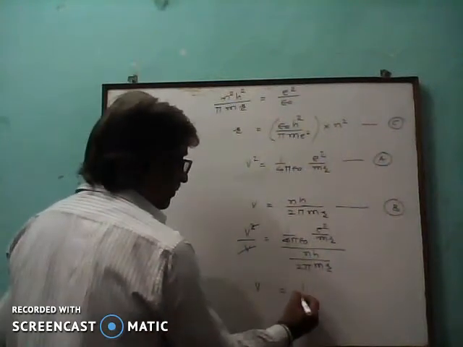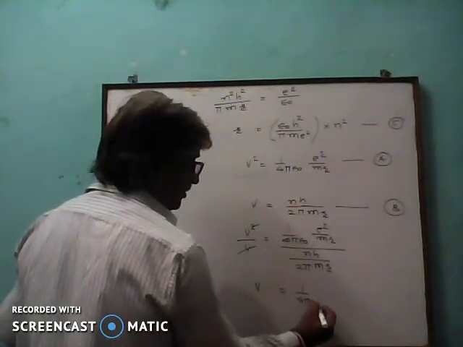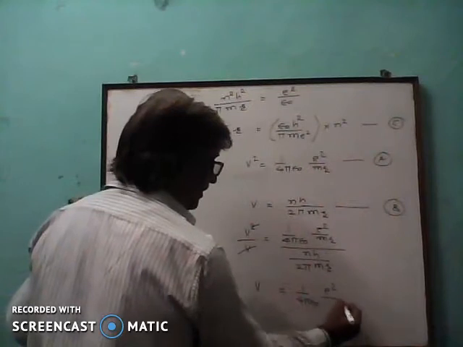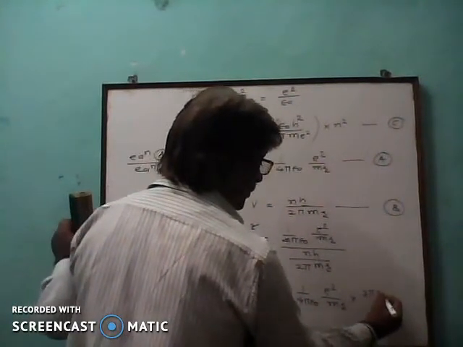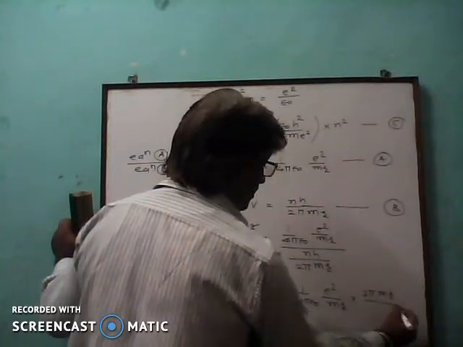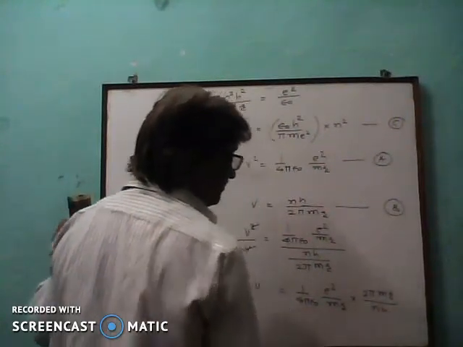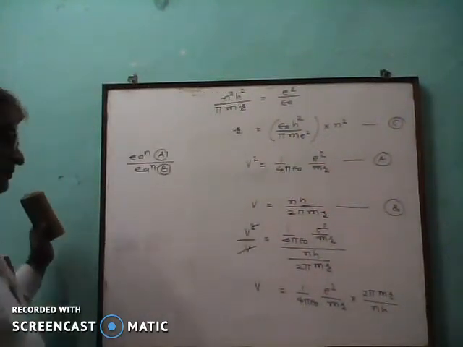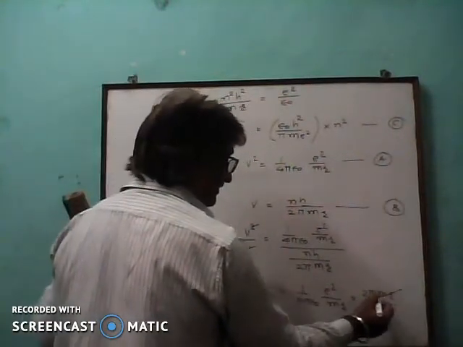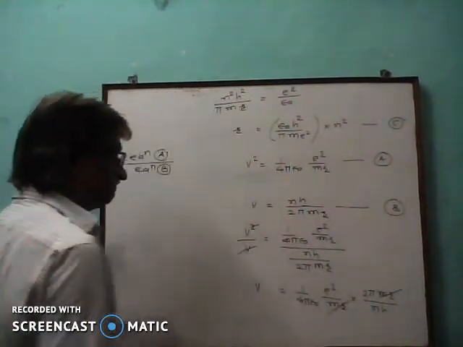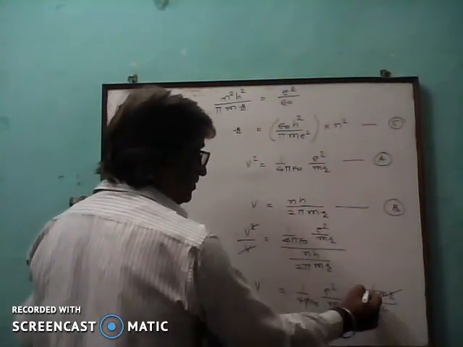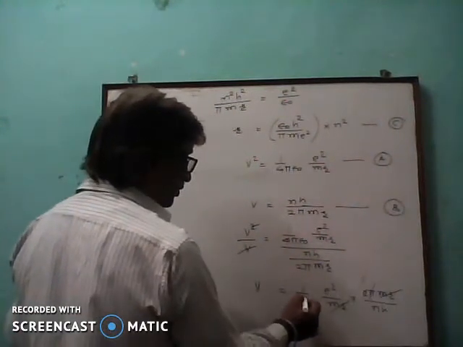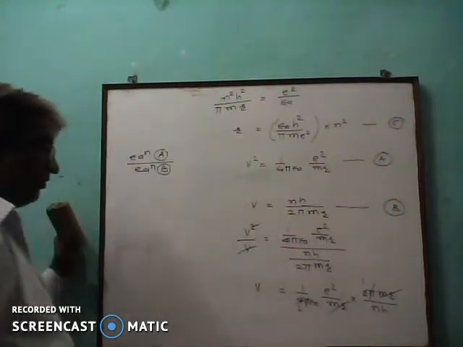Here, 1 upon 4 pi epsilon 0 e square upon mr multiplied by 2 pi mr upon nh. What happens? mr gets cancelled, pi gets cancelled, 2 and 4 reduce to 2.